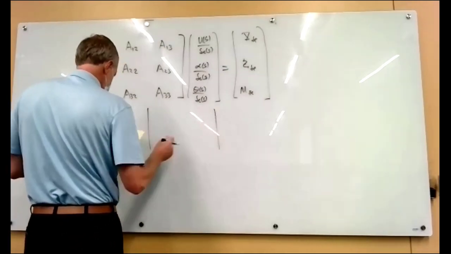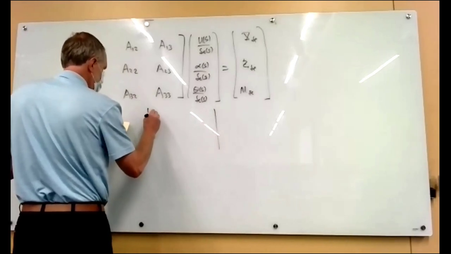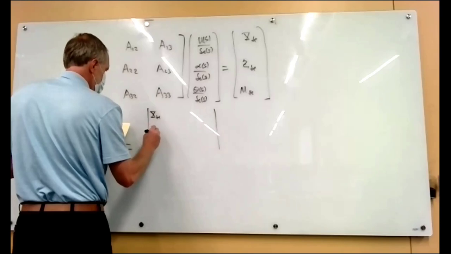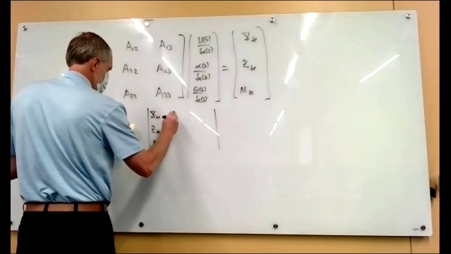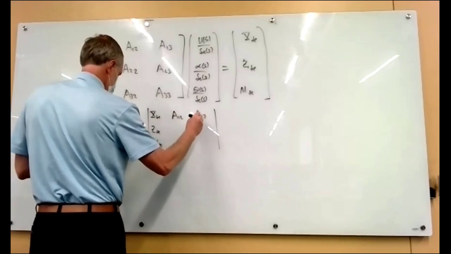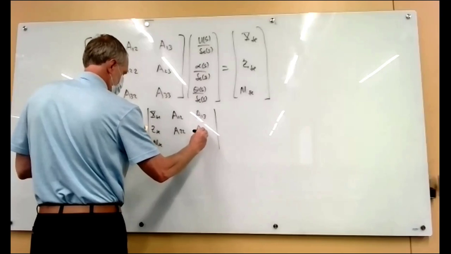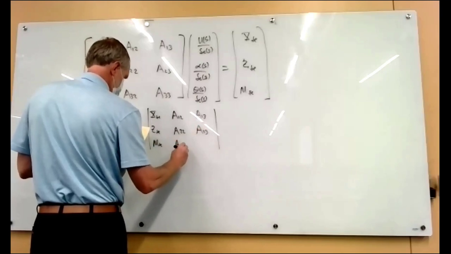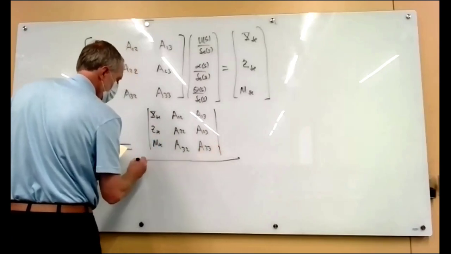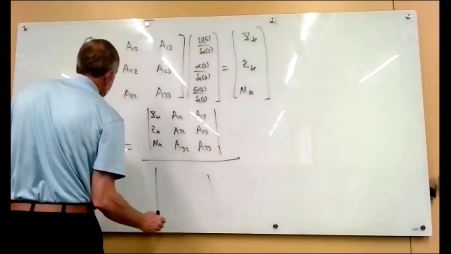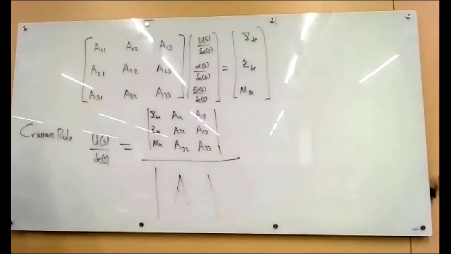And Cramer's rule says you take the matrix itself and you shove in the right-hand side. And then you keep the rest. You take the determinant of that, and then you divide by the A matrix, the whole thing up there.